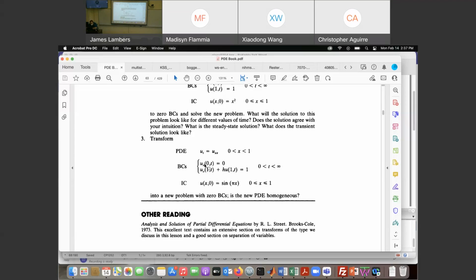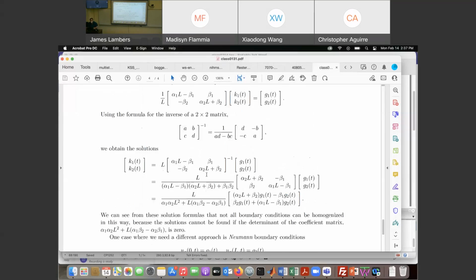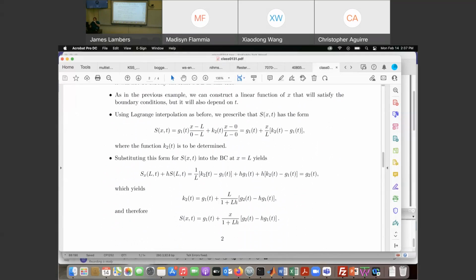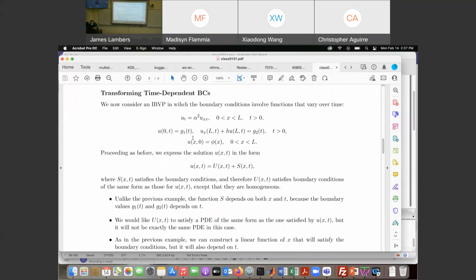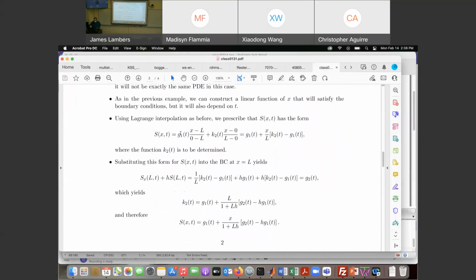So now if I go to the notes, here it is. Here's the example that somewhat resembles the problem, at least at one of the boundaries. In the example, we have u equal to g1 of t, whereas in the problem it's du dx. What that would mean is you would not have g1 of t here.